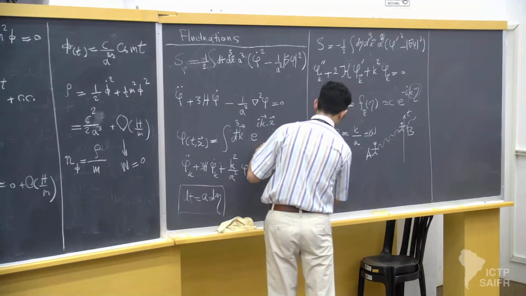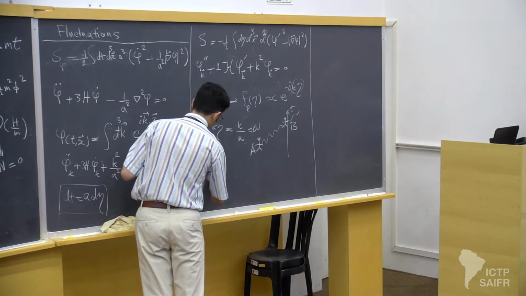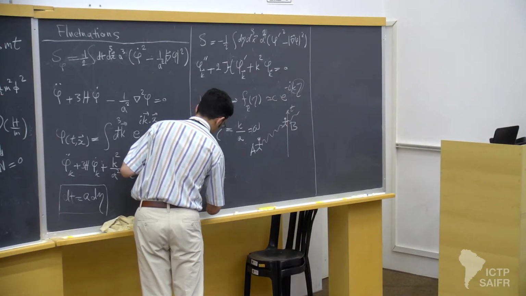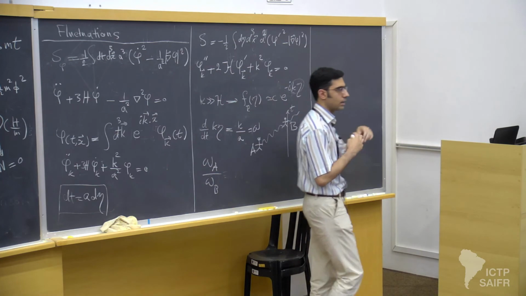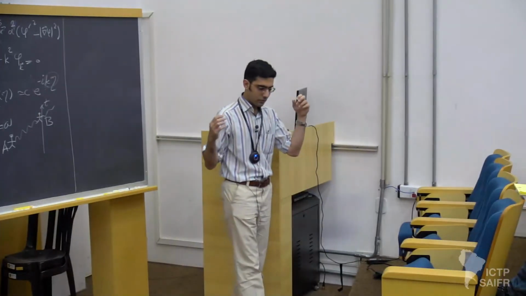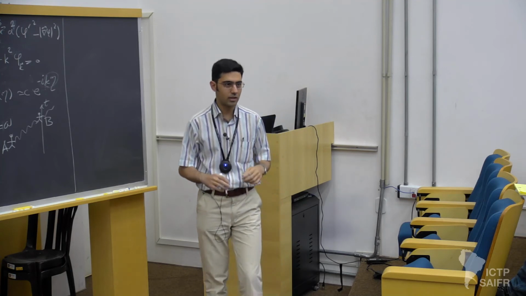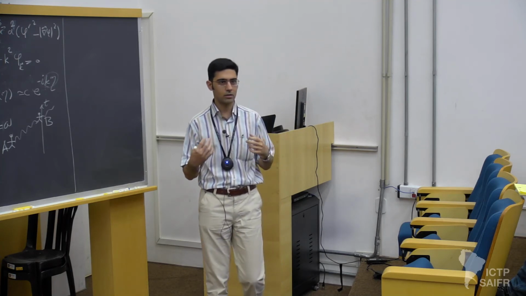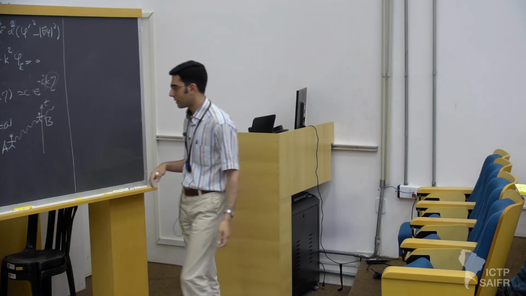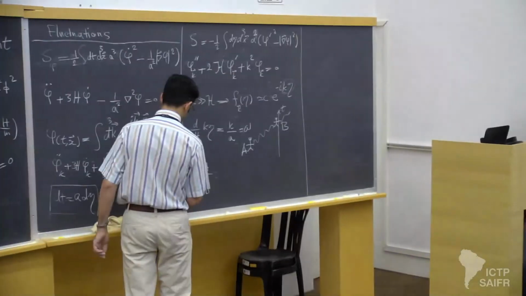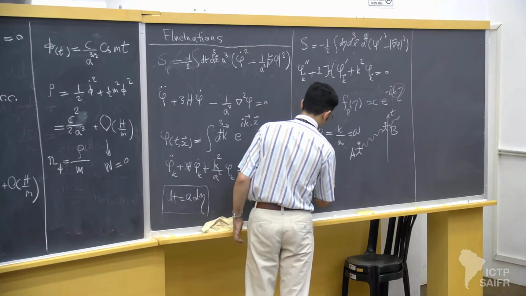What is the change? Omega A over omega B. Imagine Alice and Bob are living very far away and at very different times in cosmology, different compared to the cosmological time scales.